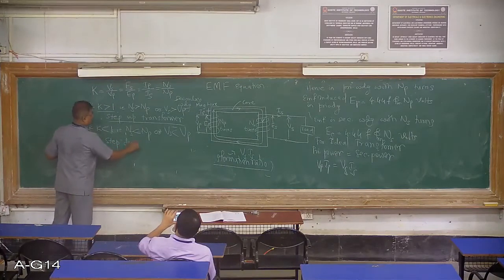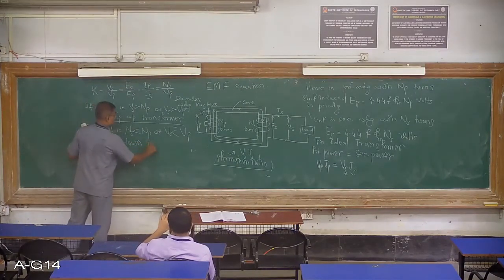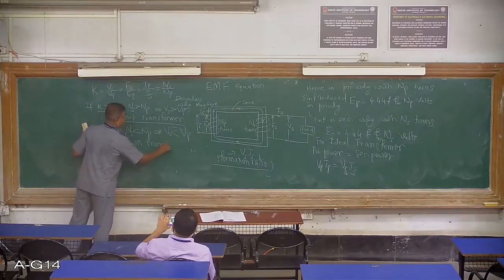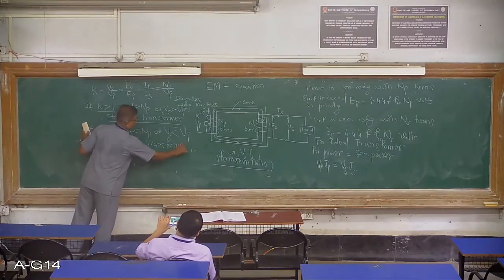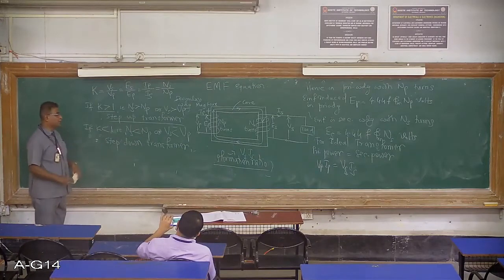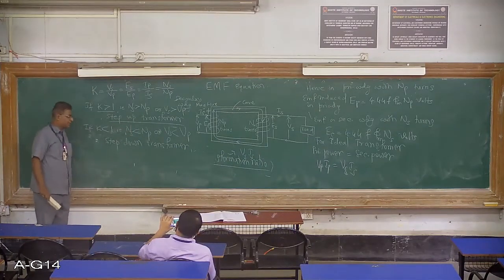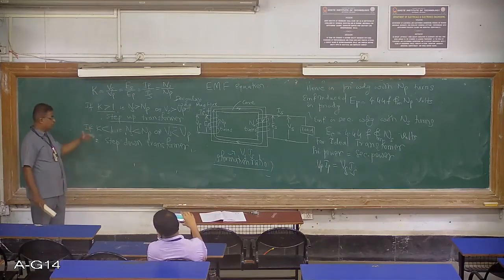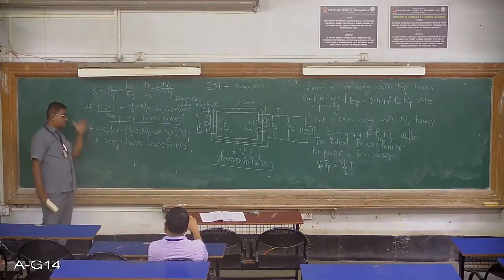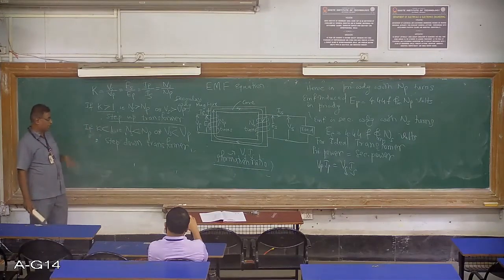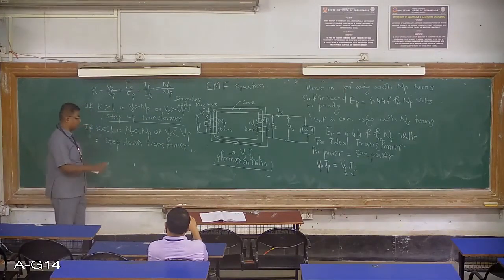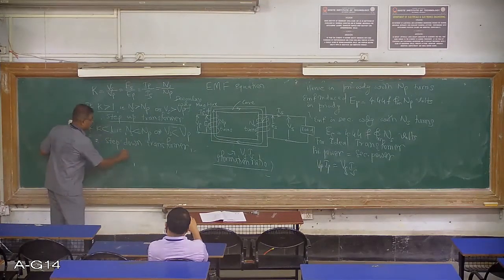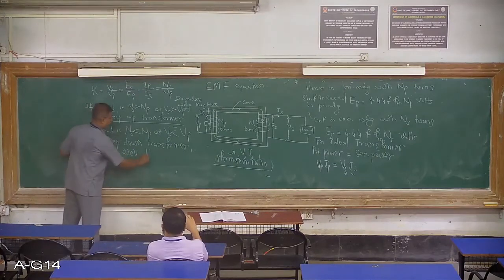As we have seen in applications, sometimes we need to increase the voltage, sometimes we need to decrease the voltage. Those applications you will find in the power system in different stages. For example, whenever you are using an electronic appliance, say a cassette player, you reduce the voltage from 230 to 12 volt or 9 volt.